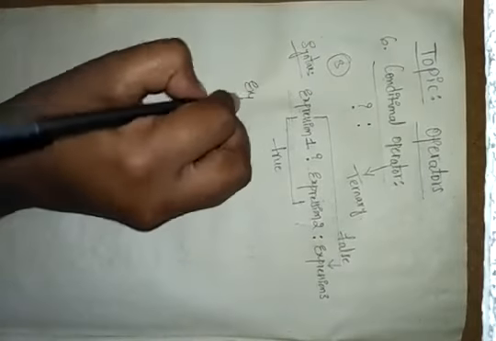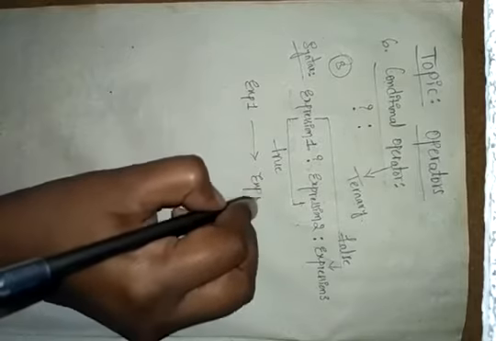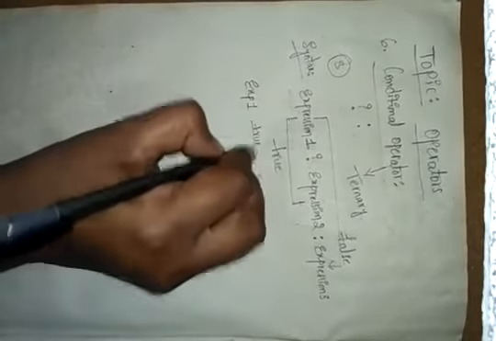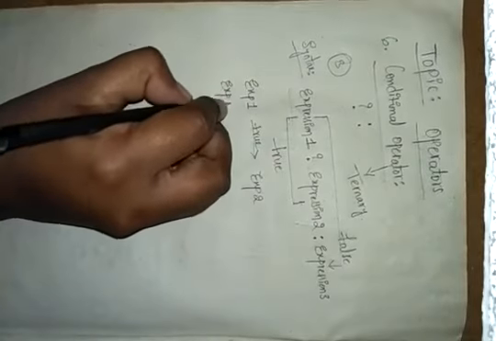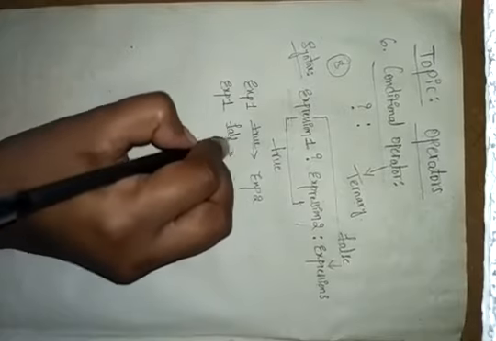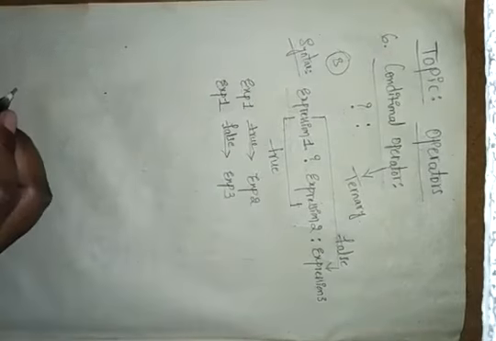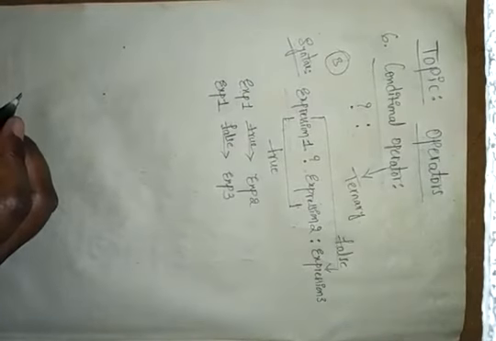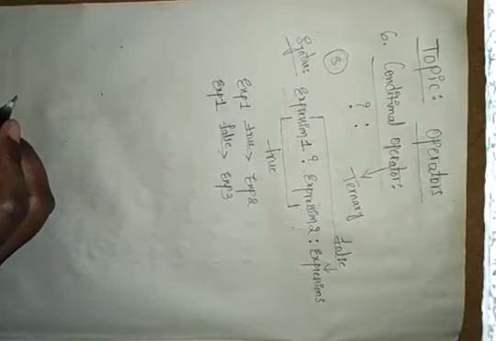Or else, I am writing it here: if expression 1 is true, it displays expression 2. If expression 1 is false, it displays expression 3.